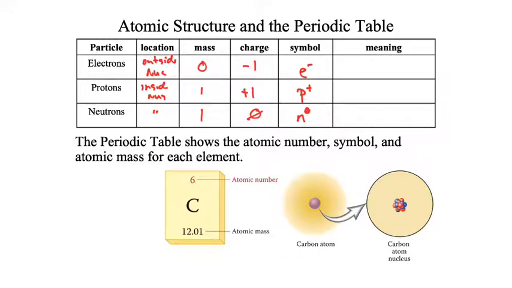What else could you tell me? If I just tell you 6 protons, do you know how many electrons are there? No, which means you don't know the charge either. It's carbon. How do you know it's carbon? Because the atomic number identifies the element. 6 protons is carbon.